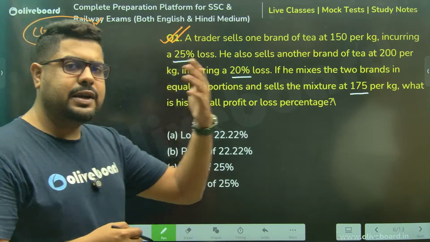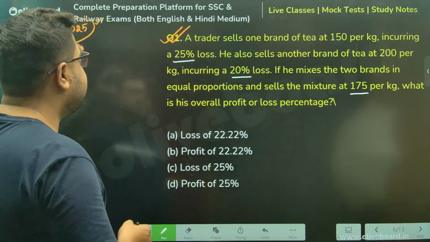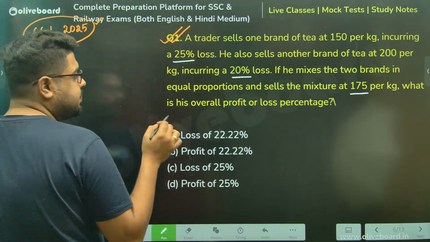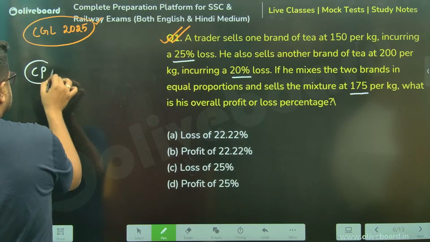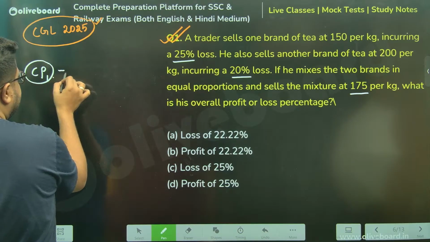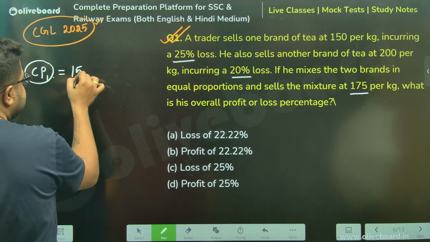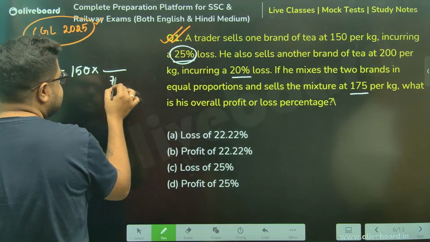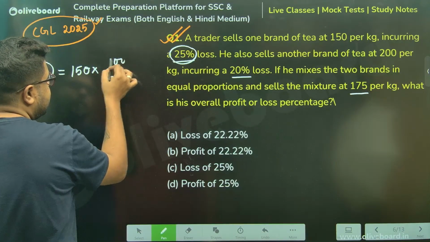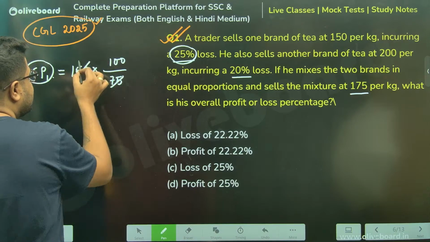Now, there are different ways you can calculate this. The best one, let's figure out the CP. CP of the first quality: 150 rupees represents a 25% loss, meaning it represents 75%, so 100% will be CP. So this is 200 rupees.